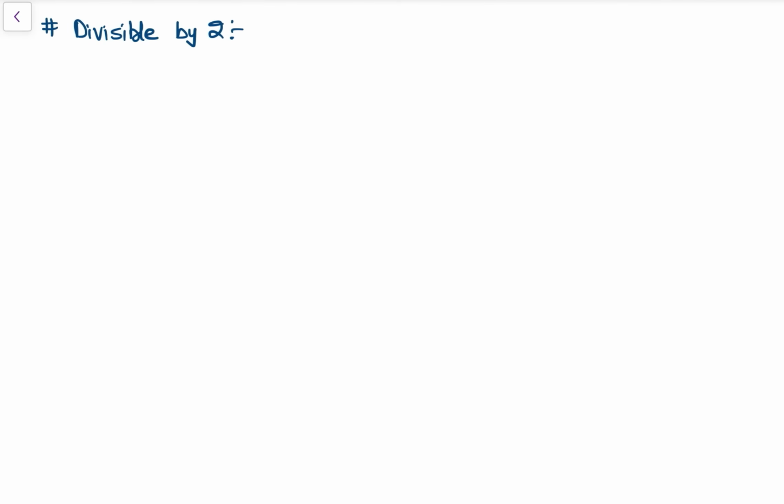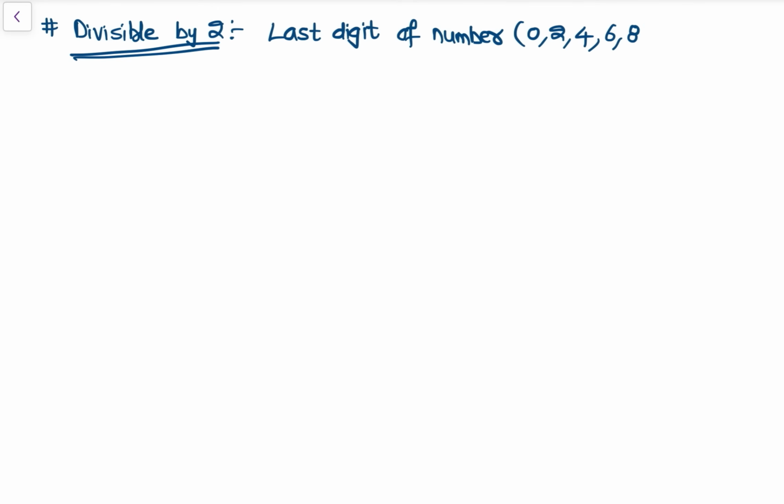Divisible by 2. कोई भी नंबर उसका लास्ट digit of number is 0, 2, 4, 6, 8.